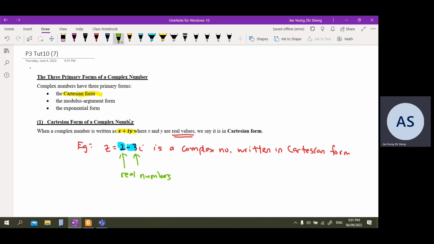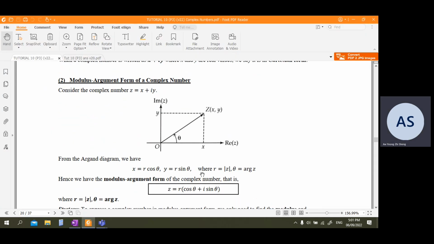Now let's move to the second primary form, which is the modulus argument form. Recall what modulus and argument mean. Modulus means the length of the vector that connects the origin to the point representation of the complex number.